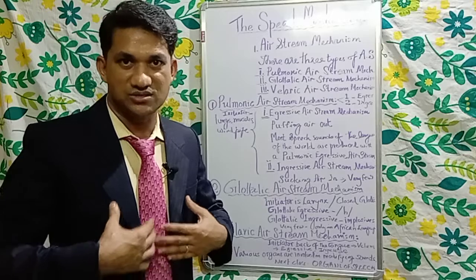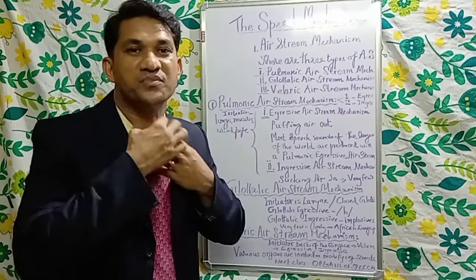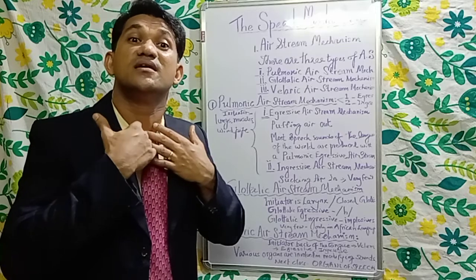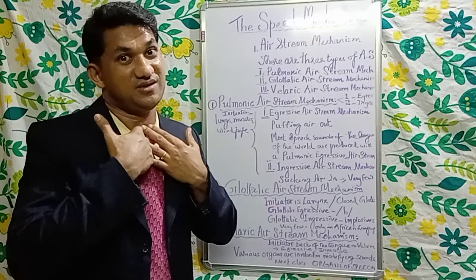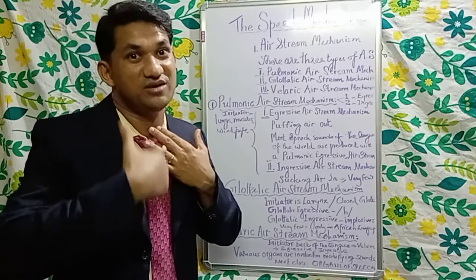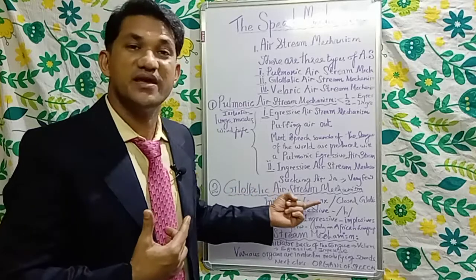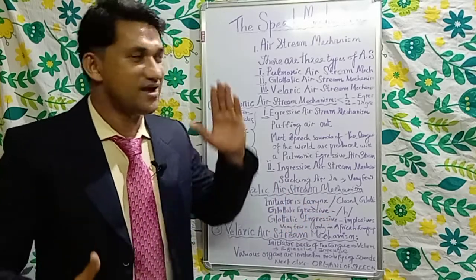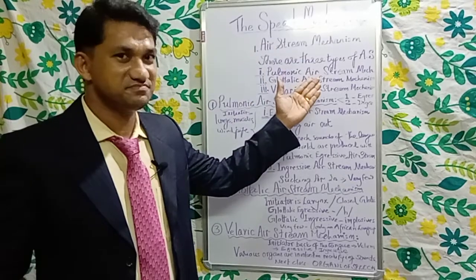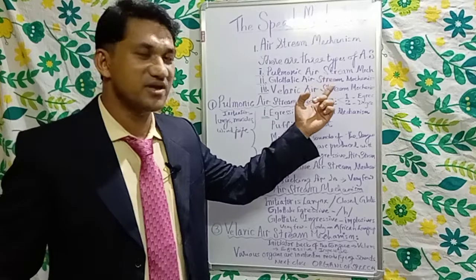Air from the lungs comes through the trachea, the windpipe, comes to the larynx, comes to the glottis, and it passes through the vocal cords. And that passage is known as glottalic airstream mechanism. So let us review: pulmonic airstream mechanism, glottalic airstream mechanism.